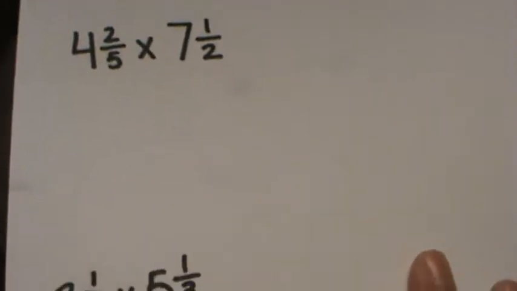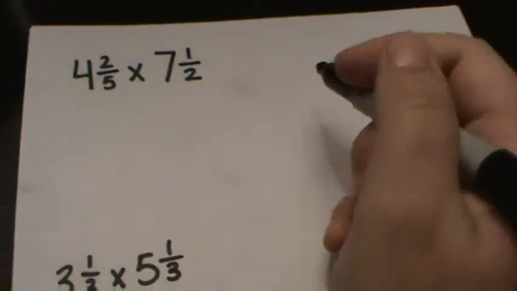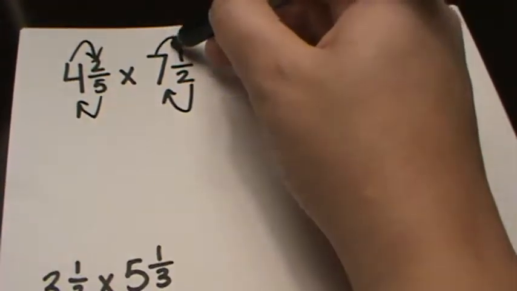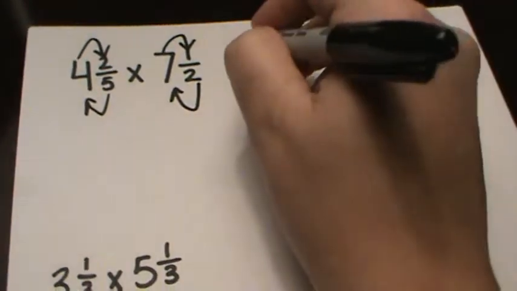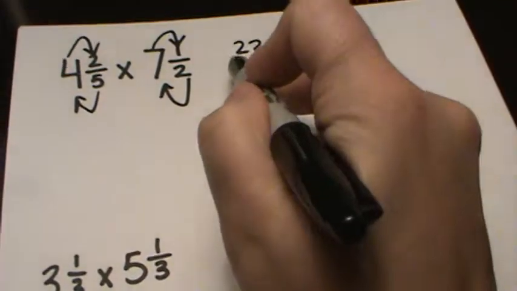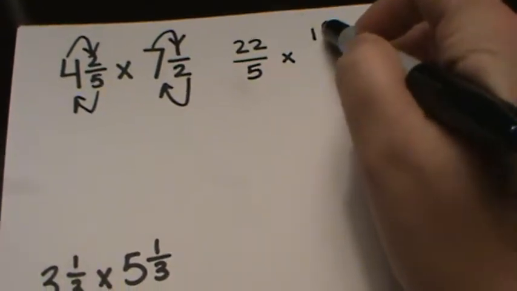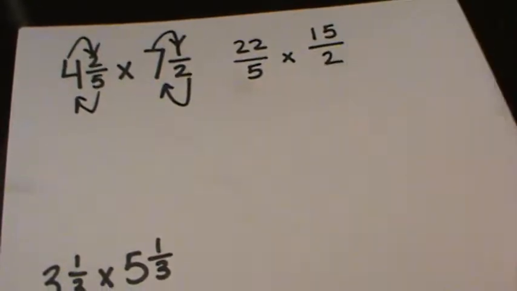Let's try 2 more. The first one we're going to look at is 4 2/5 times 7 1/2. We convert. That becomes 22/5. That becomes 15 halves.